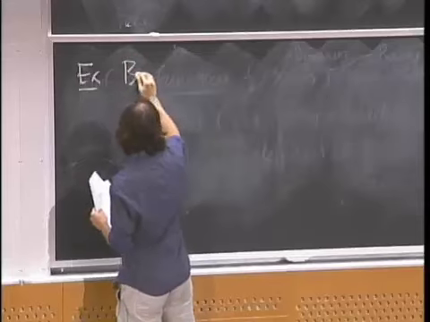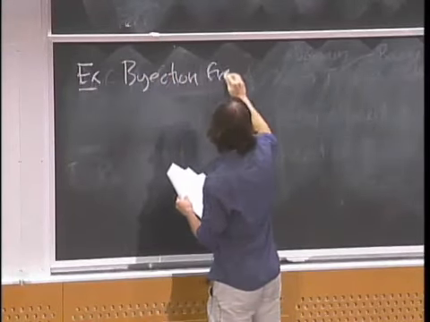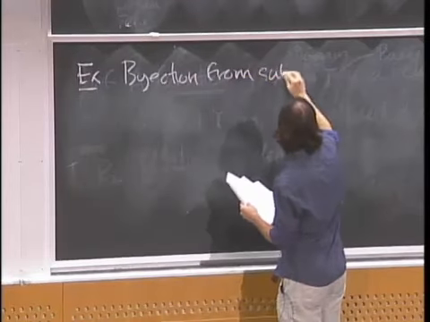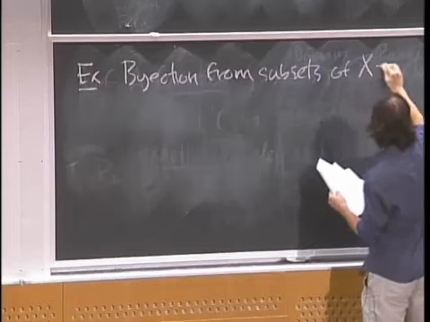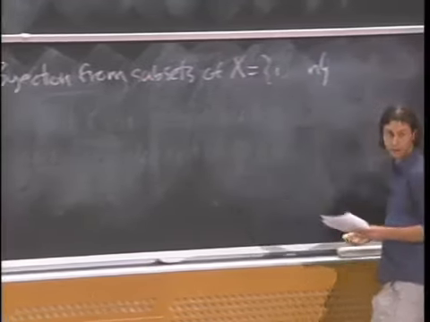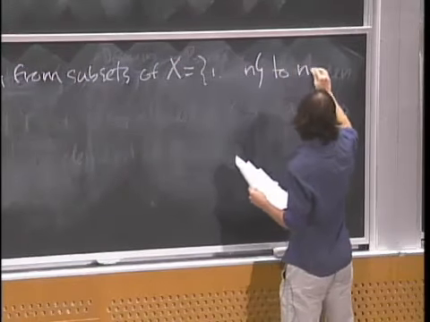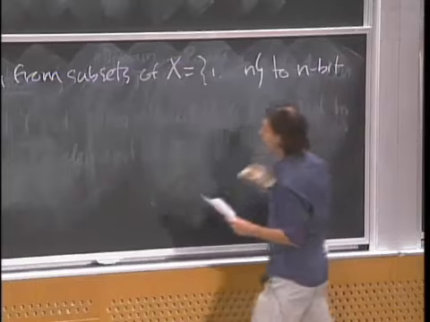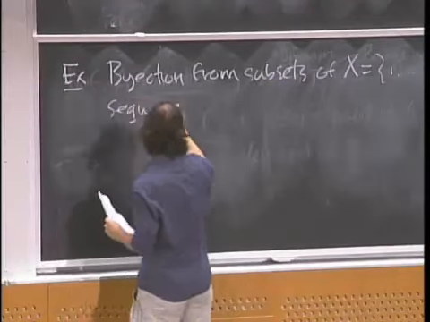So what we want is a bijection from subsets of a set X, consisting of, say, the integers 1 up to n, to n-bit sequences. We know that we can do this if we define a bijection as follows.